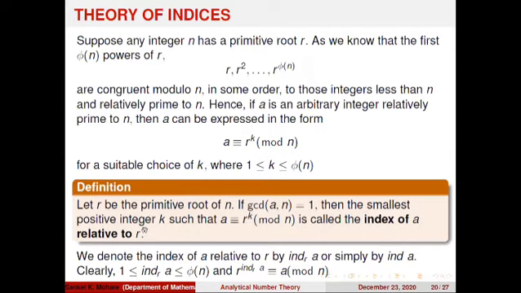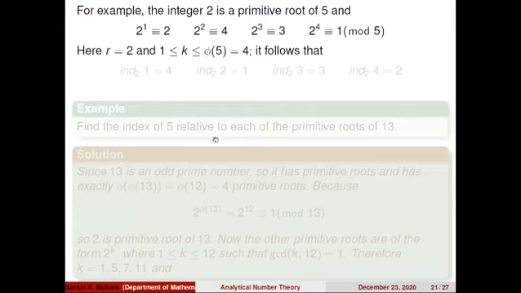Here our primitive root is 2, so 1 is less than or equal to index of A relative to 2 is less than or equal to phi of 5. Therefore 1 is less than or equal to k is less than or equal to 4, because phi of 5 is equal to 4.